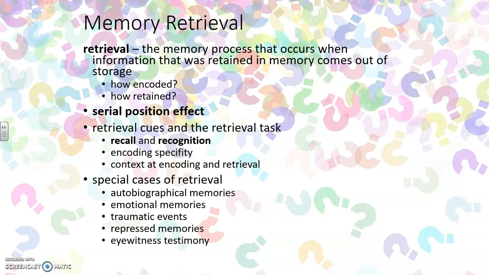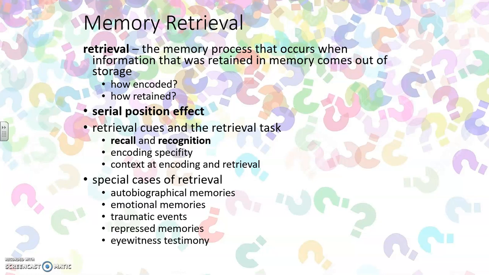With memory retrieval, which is the process of getting those memories out of storage, one of the ways that you tend to remember things is with the serial position effect. If you think of cereal, most of the time you guys think of breakfast food.